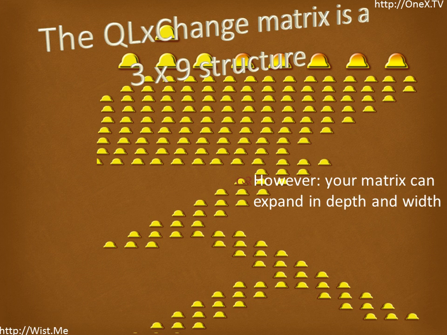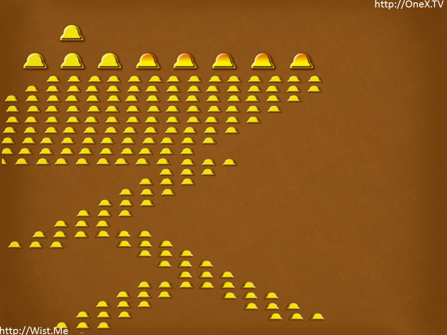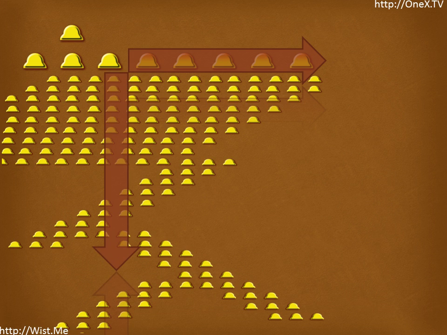You will see in a minute how it will expand, but for now just remember that this 3 on your row 1 can become 4, 5, 6, 7, and you will see in a minute how that will happen and also what this will mean for your income. So just remember that your QLxChange matrix can expand in depth and in width.